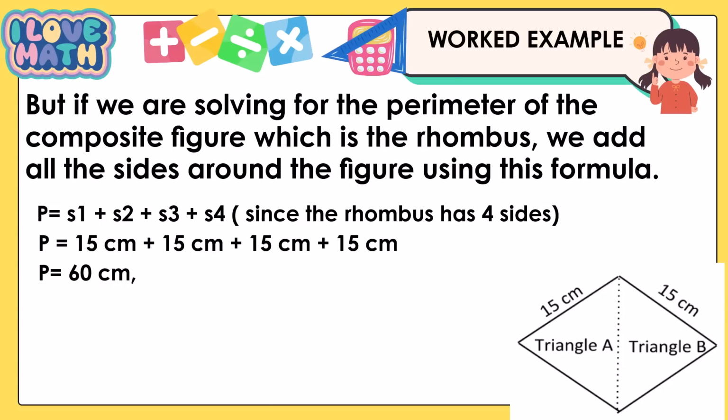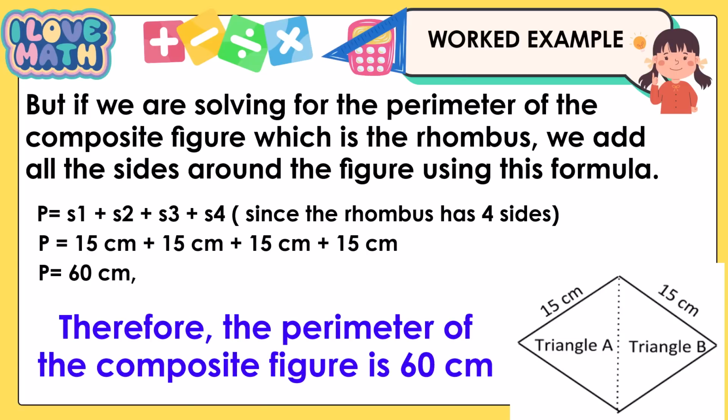P equals 15 centimeters plus 15 centimeters plus 15 centimeters plus 15 centimeters. P equals 60 centimeters. Therefore, the perimeter of the composite figure is 60 centimeters.